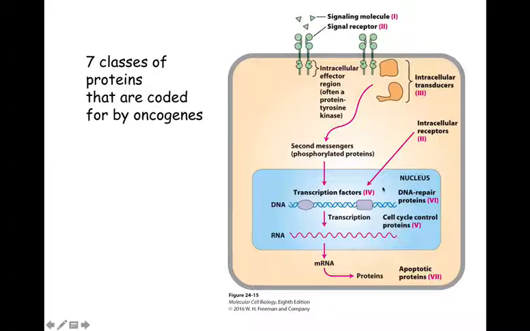There are oncogenes that are transcription factors. We've talked about a lot of transcription factors. You can imagine how if that transcription factor binding is somehow altered by a mutation and you turn on genes when you're not supposed to, or you don't turn it on when you are supposed to, you can imagine how that could lead to uncontrolled cell growth.